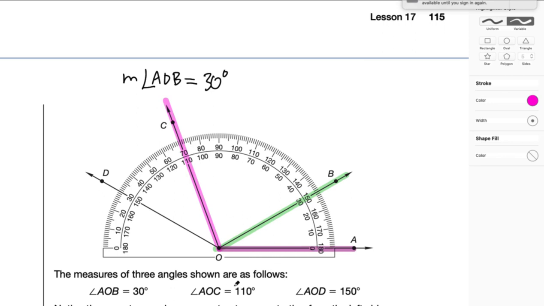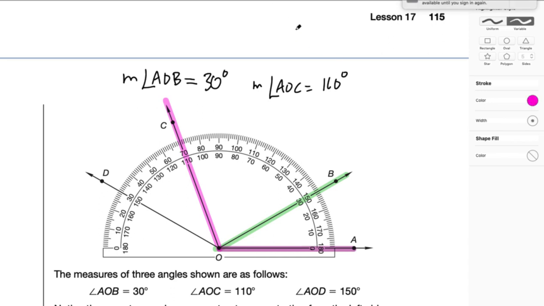This pink angle, angle AOC, is larger. So when we have the measure of angle AOC, we know it's going to be greater than that 30 degrees. We're going to count open: 0, 10, 20, 30, keep going, 40, 50, 60, 70, 80, 90, 100, 110. So the measure of angle AOC is 110 degrees.